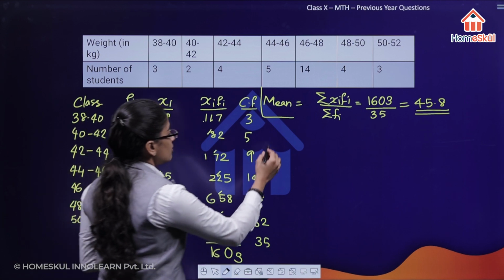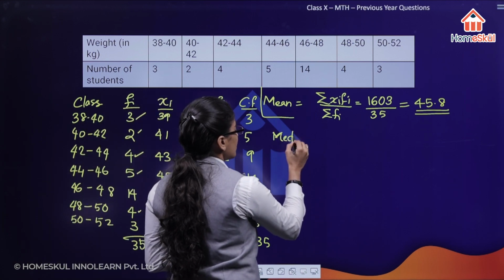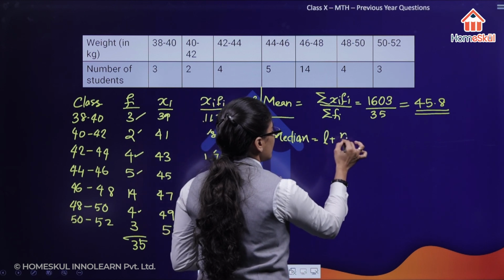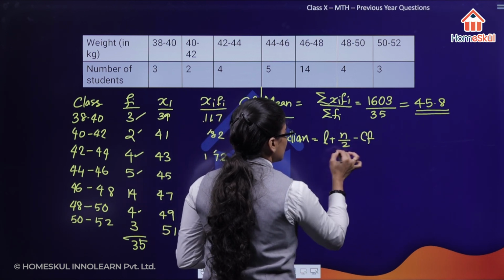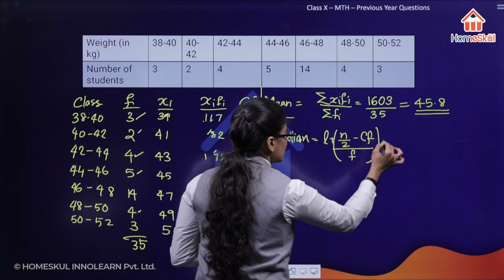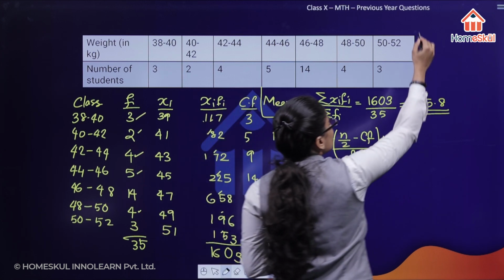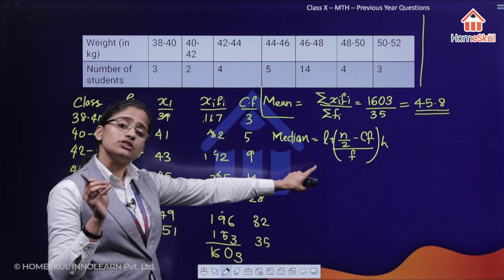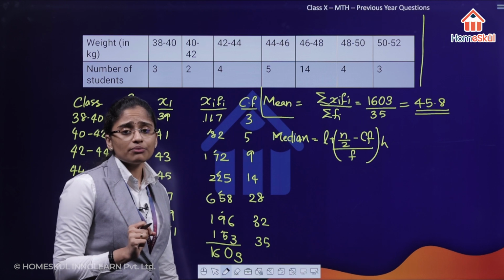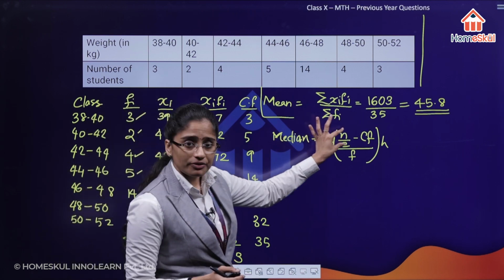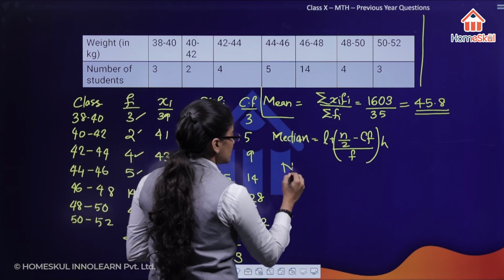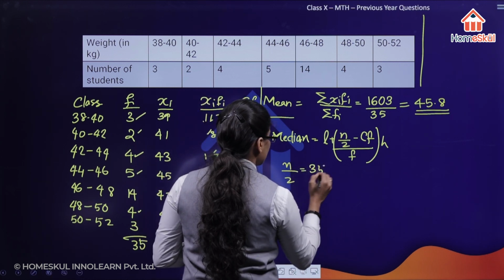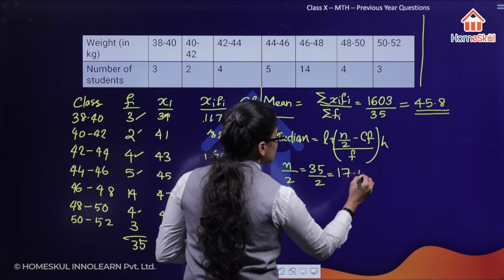Okay, now we will find out the median. What is the formula? Median is equal to L plus (N by 2 minus CF) by f into h. L is the lower limit of the median class. First of all, how will we find the median class? We find the value of N by 2, which is half the total frequency. Total frequency is 35, so 35 by 2 will be 17.5.